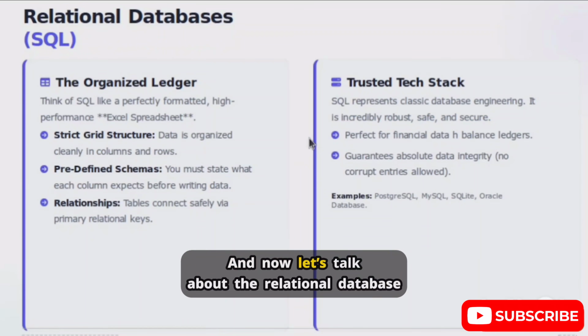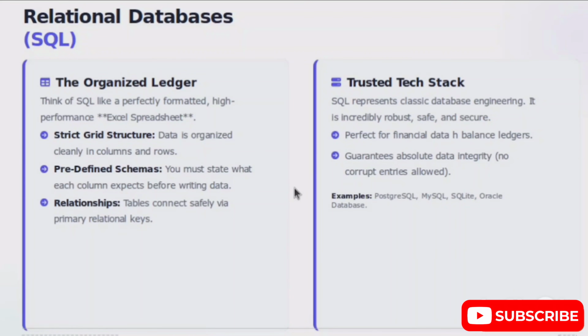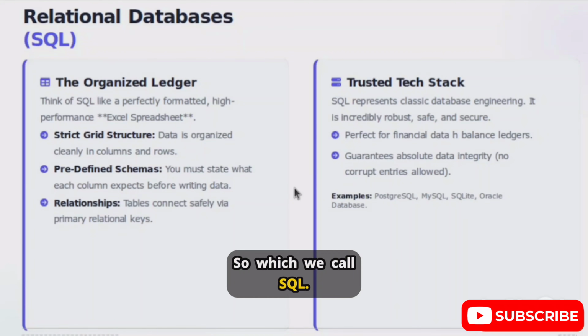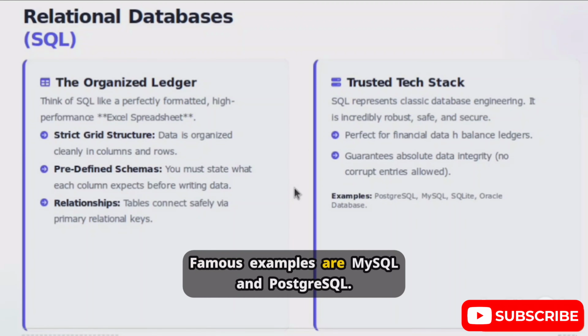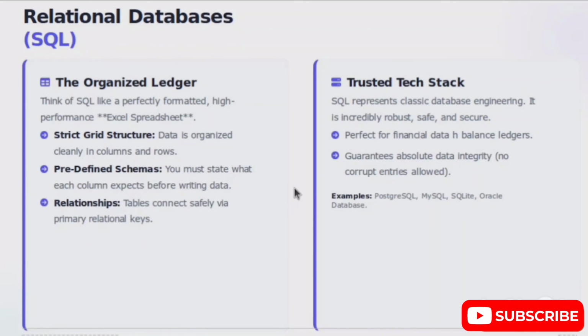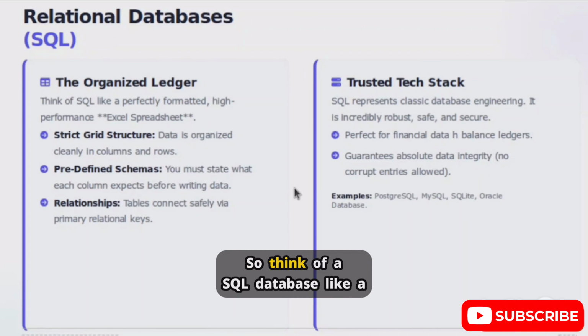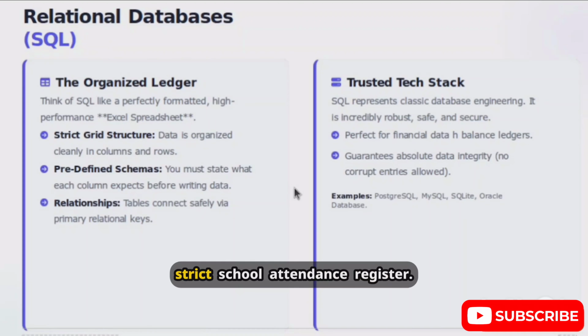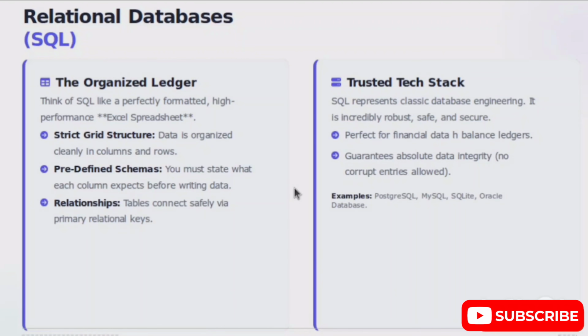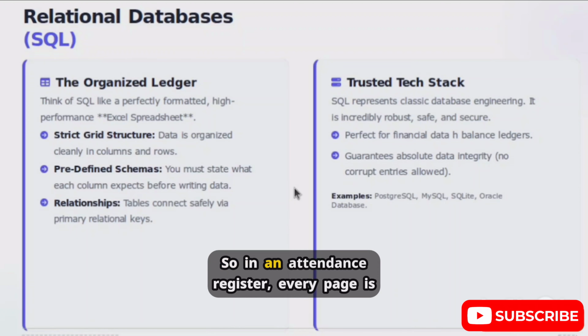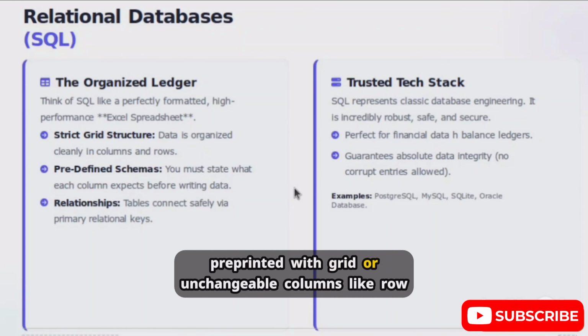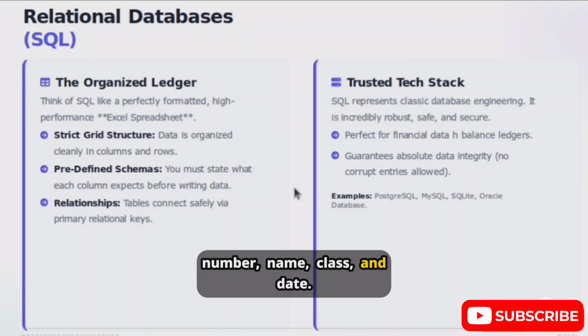Now let's talk about the relational database first, which we call SQL. Famous examples are MySQL and PostgreSQL. Think of a SQL database like a strict school attendance register. In an attendance register, every page is pre-printed with a grid of unchangeable columns like roll number, name, class, and date.